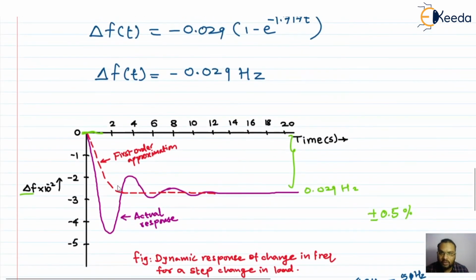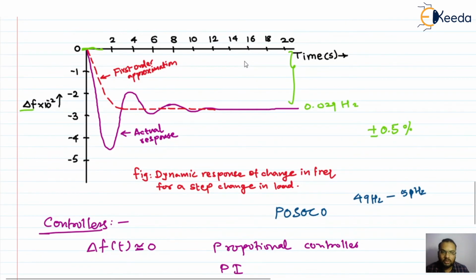The change in frequency is actually the steady state error. This value is nothing but the error. So these controllers are used to make the steady state error zero. They will make this change in frequency zero for the change in the demand. So this is how we get the dynamic response for a particular case only.